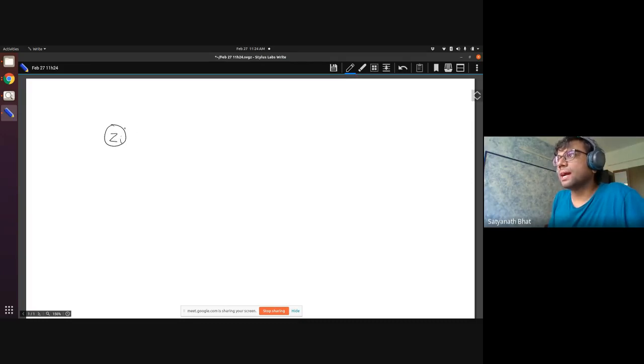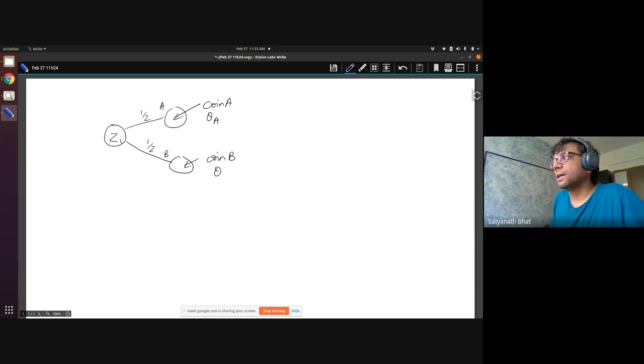With probability half, it will be coin A, and with probability half, you will get coin B. Let's say this is coin A, and the parameter governing that is theta A. Then you have coin B, and the parameter governing that is theta B. Okay, so now we have xi's, i going from 1 to n.